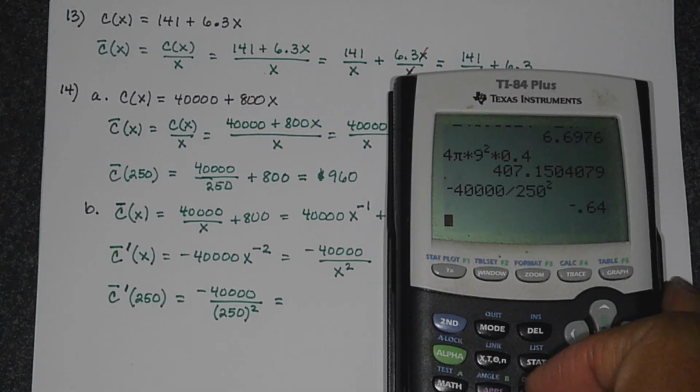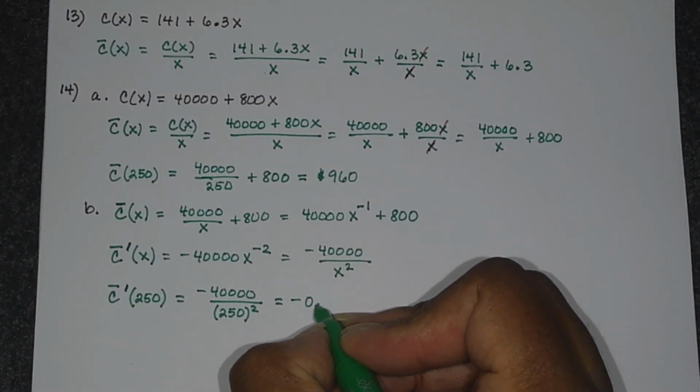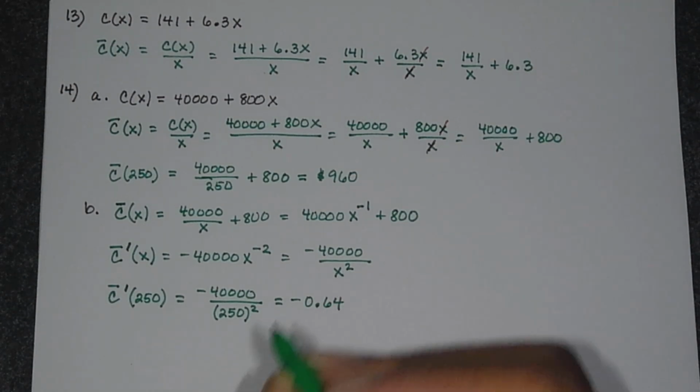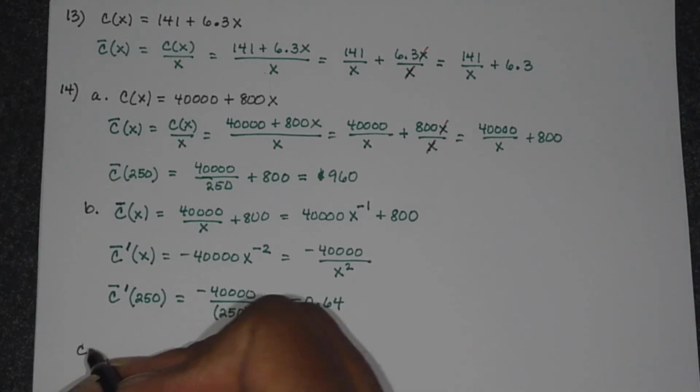You're right. So it'll be negative 0.64. So it's pretty much a loss of like 64 cents for producing 250 units for the marginal average cost. Okay. All right, so that's part B.